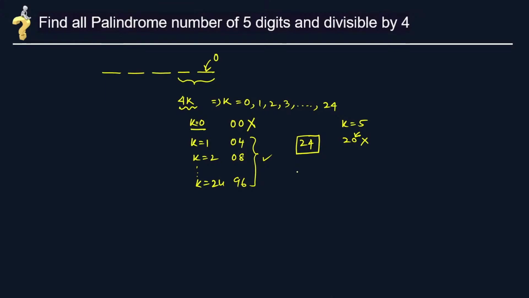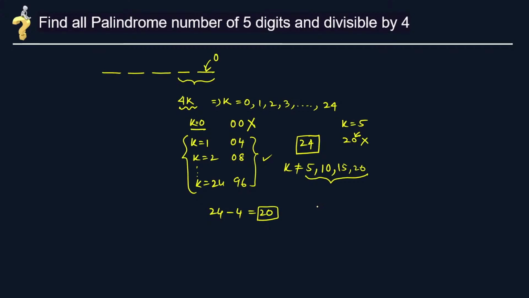Therefore, out of 1 to 24, we have to reject the values of k like 5, 10, 15 and then 20, because in all these cases the last digit will be 0. So you have to reject these 4 numbers from the total count. Here there are 24, but you subtract 4, so there will be 20 such ways.